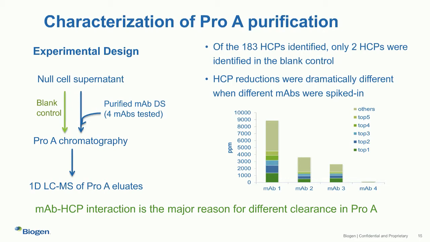It's more likely that these host cell proteins have a strong interaction with the protein drug. So the protein drug serves as a cover protein so that the host cell protein can survive after the Pro A purification. So we think the mAb-host cell protein interaction is a major reason for different clearance in the Pro A process.